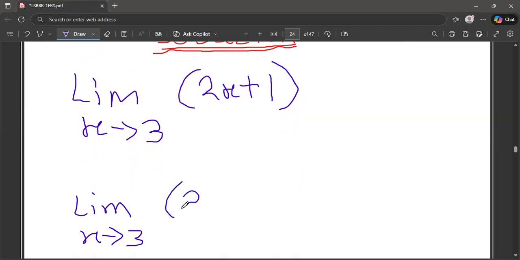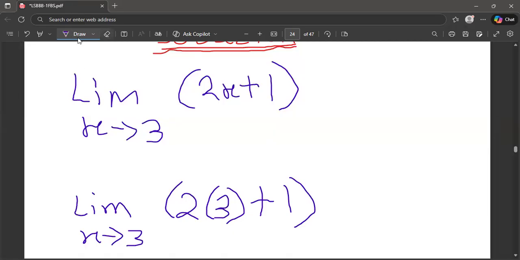And anywhere we see x in this equation, it means that we are going to put 3 over there. So I can see x over here, so I put 3 over here, plus 1. 3 times 2 times 3 is equal to what?